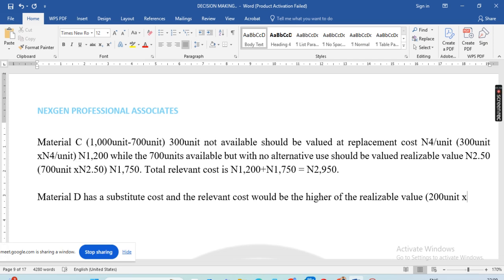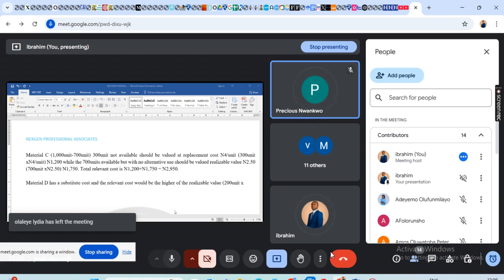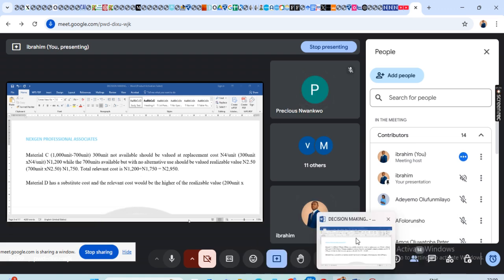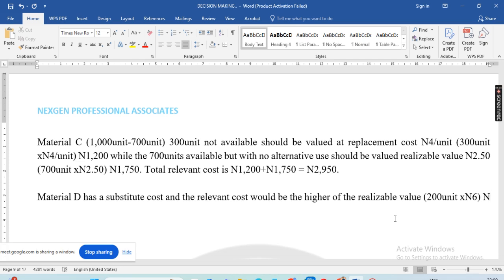What is the cost of that realizable self? 6 naira. Okay, 6 naira. So what do we have here? When you multiply this, what do you have? 1,200.